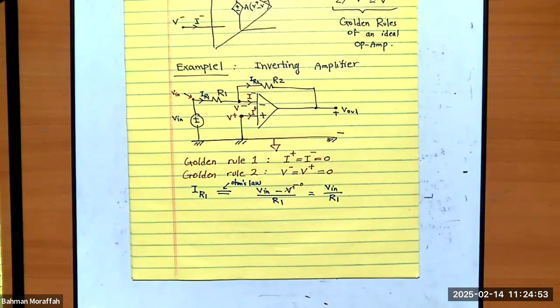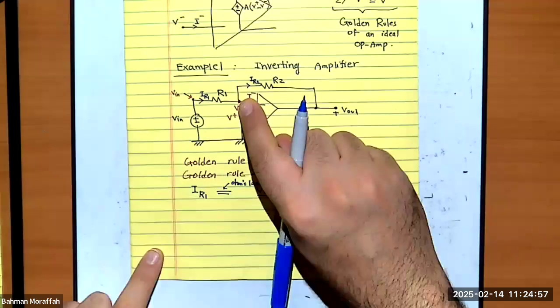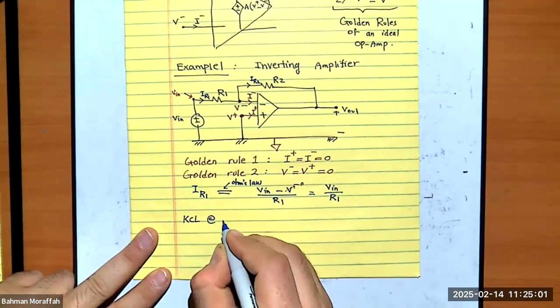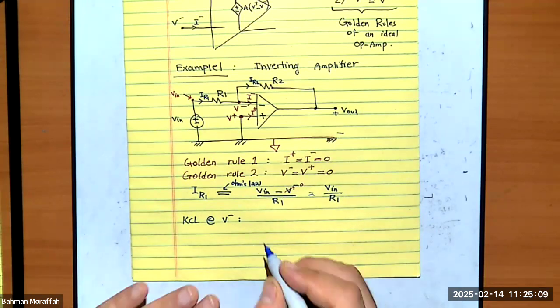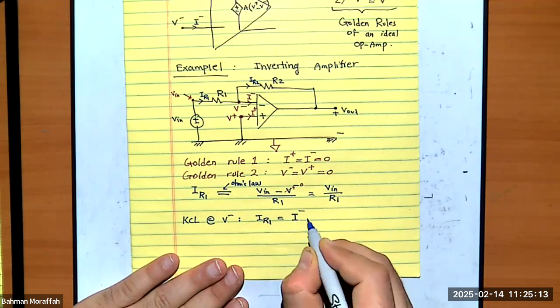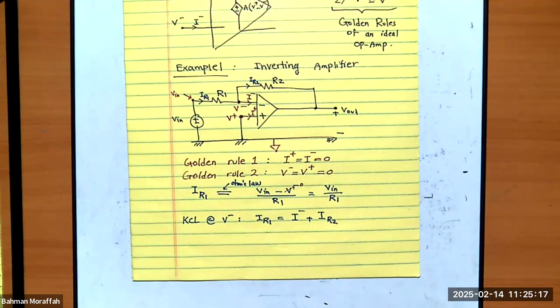Why is that? Well, let me write a KCL at this V negative node. Whatever current that's going in must be the same as whatever current that's going out. So I through R1 should be I negative plus I through R2. But what is I negative?